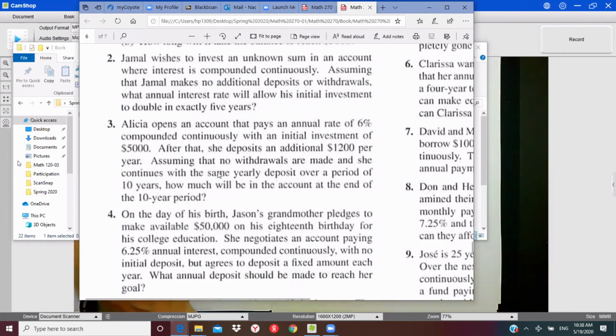Assuming that no withdrawals are made, she continues her deposits over a period of 10 years. How much will be in the account at the end of the 10-year period? So what is P of 10? That's what we need to find.